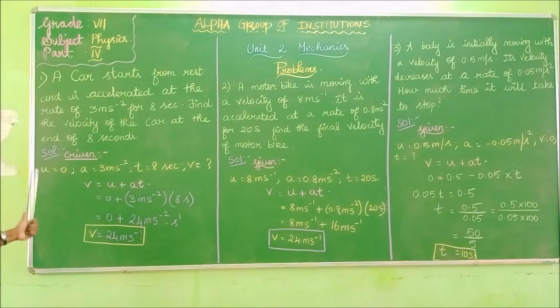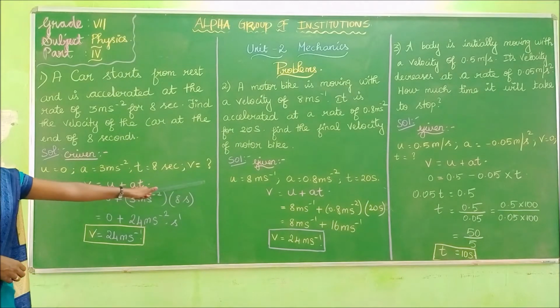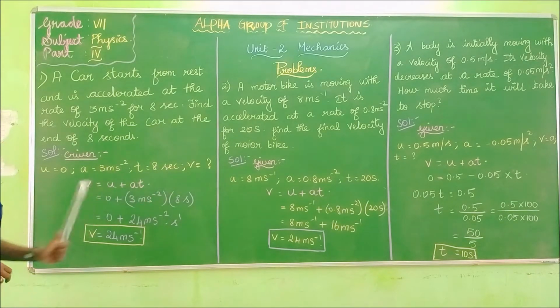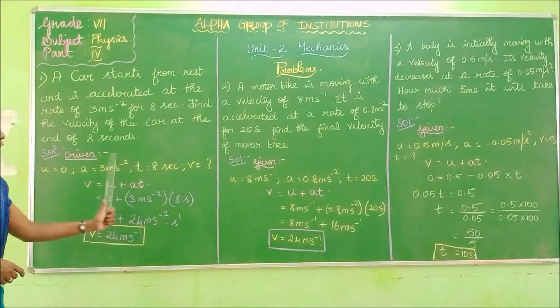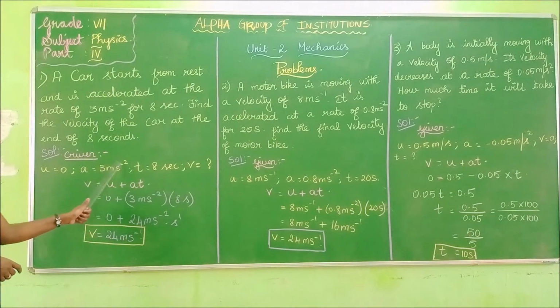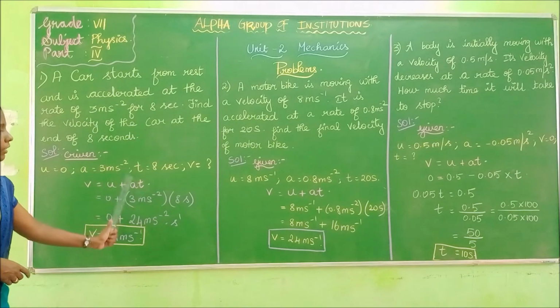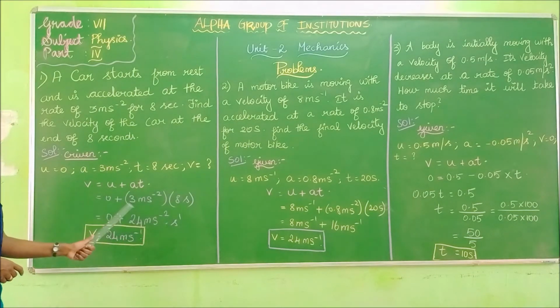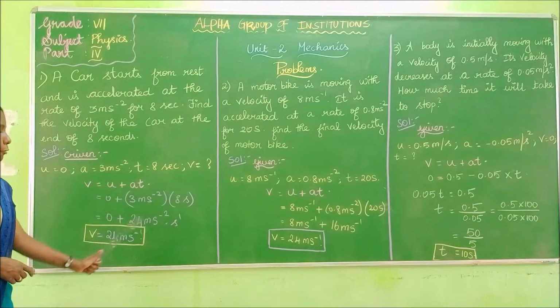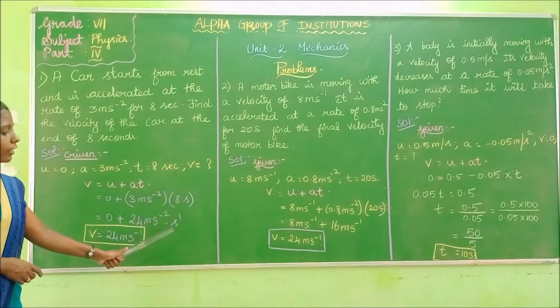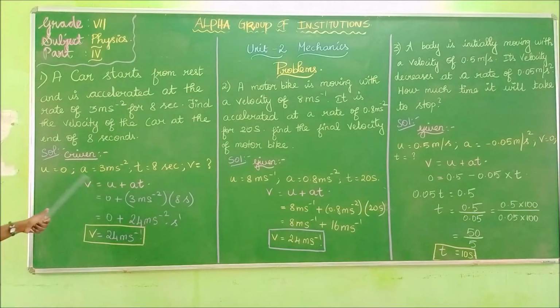The formula that we use is v equals u plus at. u value is 0, a is 3 meters second power minus 2 and the time is 8 seconds. 3 into 8 is 24. 24 meters second power minus 2 into second power 1. So the value for final velocity that we have calculated is 24 meters second power minus 1. This is the answer for the first problem.